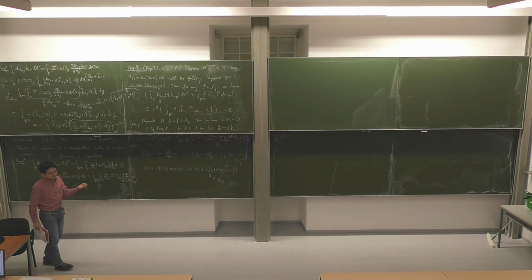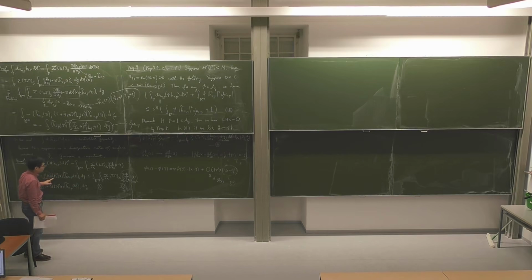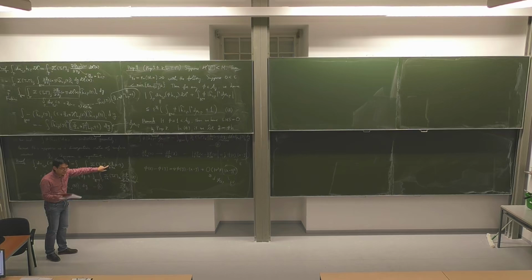Again, using the fact that Gaussian is much smaller once you are away by epsilon. Now this one you have to be a bit careful because you have the differentiation of this Gaussian, which produces more or less like 1 over epsilon. I don't want to go into this detail, but because of this term, you have this extra epsilon division, but since you have epsilon squared, that's okay.